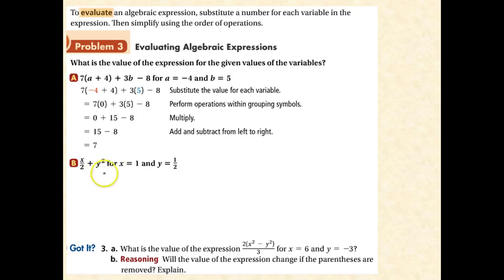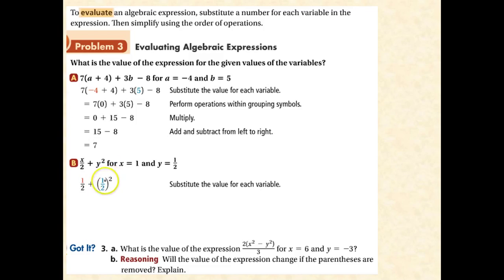Alright, let's do B. We're going to substitute 1 in for x, and we're going to substitute 1/2 in for y. Then there's nothing inside parentheses to do, it's just 1/2. So next is exponents.